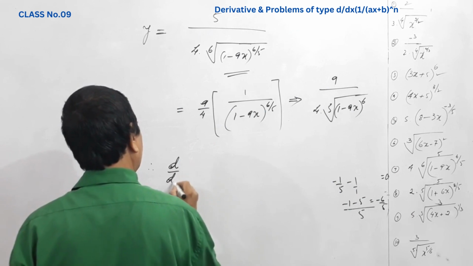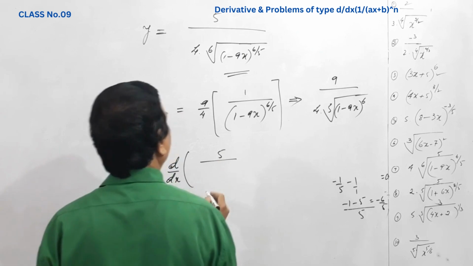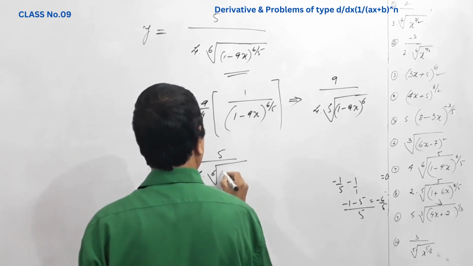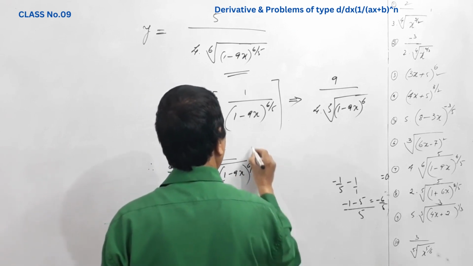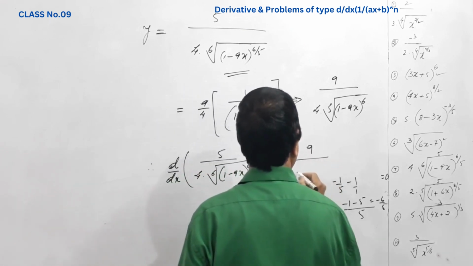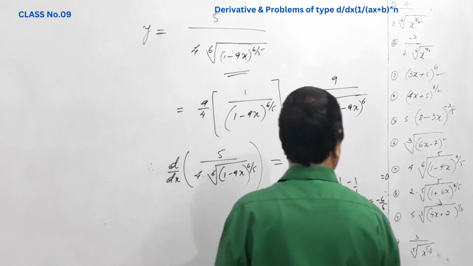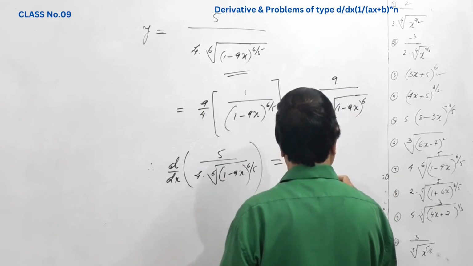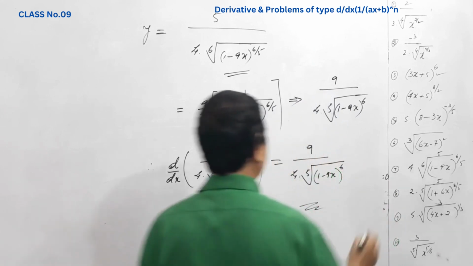So d by dx of 5 by 4 into 6th root of 1 minus 9x to the power of 6 by 5 equals 9 by 4 into the 5th root of 1 minus 9x to the power of 6. This is the required answer.